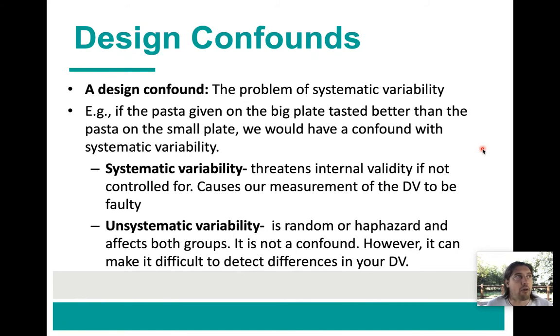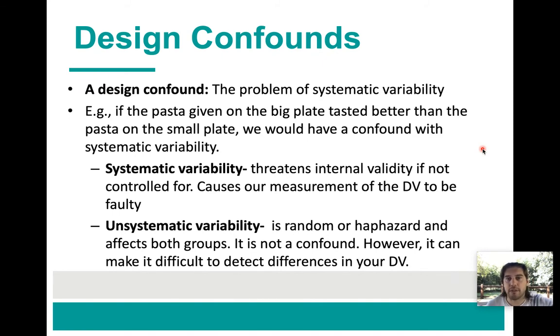Or in our pasta experiment, you just happen to have one individual who stayed out super late last night and ate a whole bunch of Taco Bell at 3 a.m. They roll in hungover, feeling bad, and full, and they're just not interested in eating pasta at your experiment.